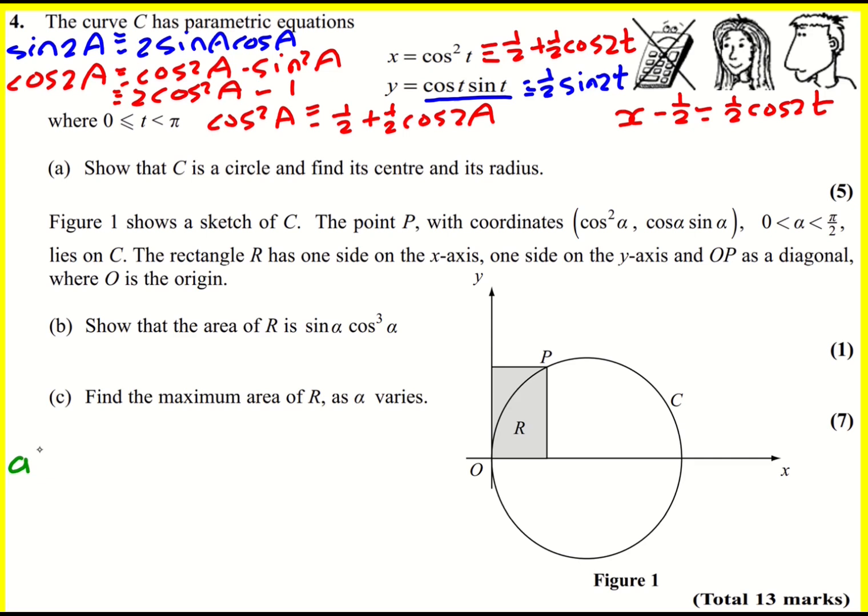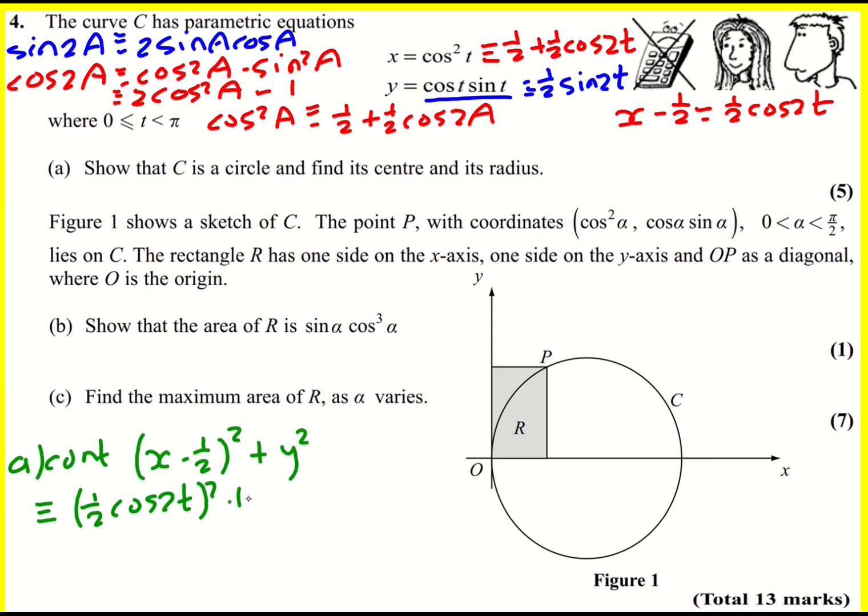So continuing it down here, I can write down that (x minus a half) squared plus y squared is going to be identical to (a half cos 2t) all squared plus (a half sine 2t) all squared.